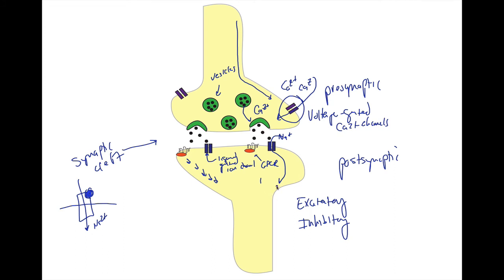And as you know, depolarization would be in most cases sufficient to generate a new action potential. So depolarization, and then we would have a new action potential, and that's how the signal got from here to here.